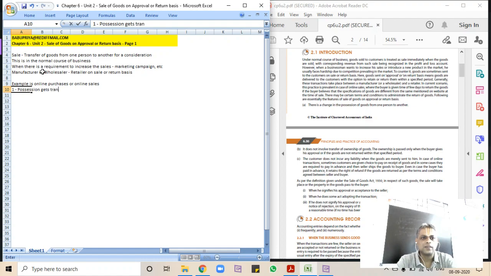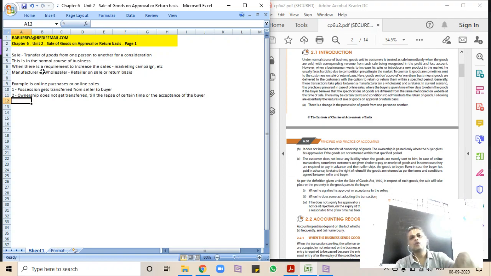The salient feature of this is that possession gets transferred from seller to buyer, whereas ownership does not get transferred till the lapse of a certain time or the acceptance of the buyer, right?